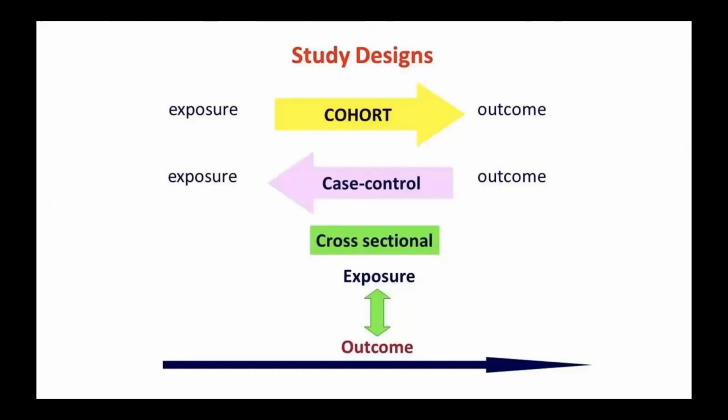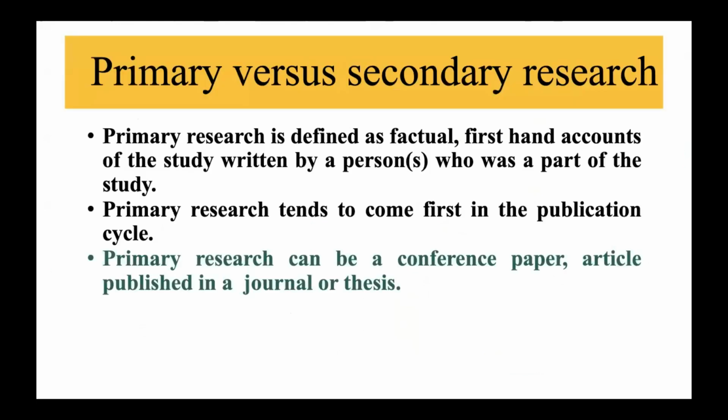So we have covered many fundamentals of the studies that we usually have to do during our research. Another thing: sometimes people call this primary research or secondary research. You should know what is primary research and what is secondary research.